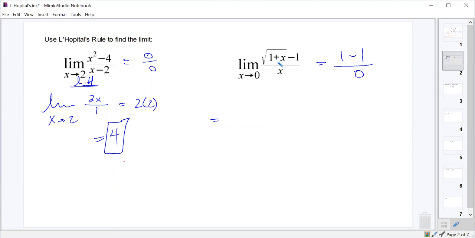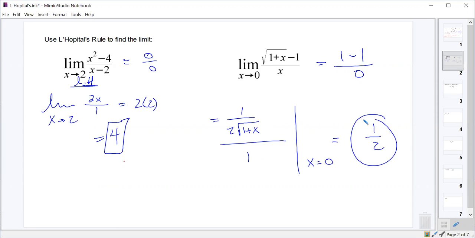The derivative of root 1 plus x should be 1 over 2 root 1 plus x times the derivative of 1 plus x, which is 1. And then the minus 1 is 0, all over 1. And we're going to evaluate it at x equals 0, which ought to give us 1/2.